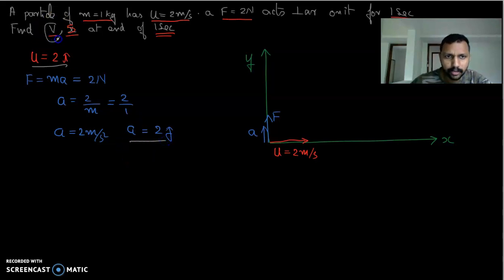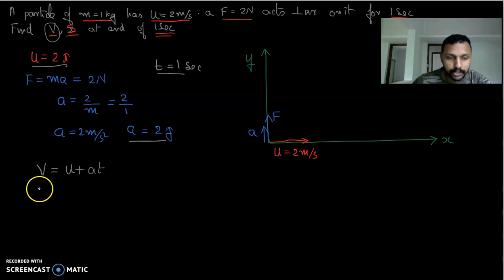We have to find out final velocity. We know time is what? In a time of 1 second. Therefore, we know time, acceleration, and initial velocity. In order to find out final velocity, we'll use our equation of motion, that is v is equal to u plus at.